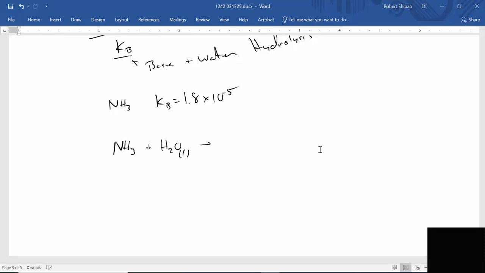And what does that yield? Base plus water yields, in this case, ammonium plus hydroxide. And that's Kb. And so Kb is going to be the ammonium concentration times the hydroxide concentration divided by the ammonia concentration.